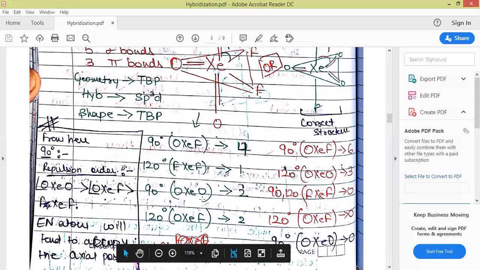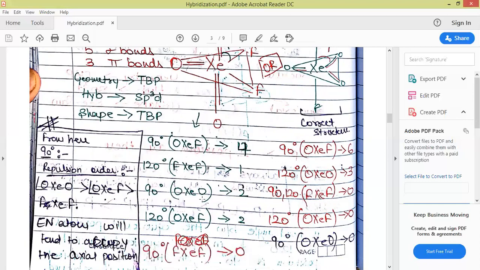For oxygen, which is less electronegative, the bond pair would be less towards oxygen and more towards xenon, in comparison to the XeF bond. And if we compare these two bonds, XeF and XeO, the bond pair of electrons would be more towards fluorine.